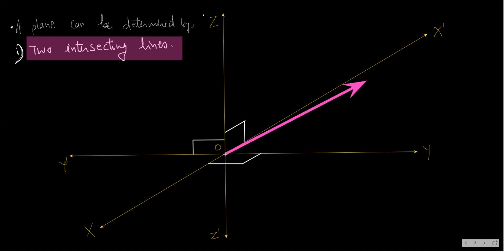You see this? This is xy plane. If I have to mark that xy plane, it would actually be this way.